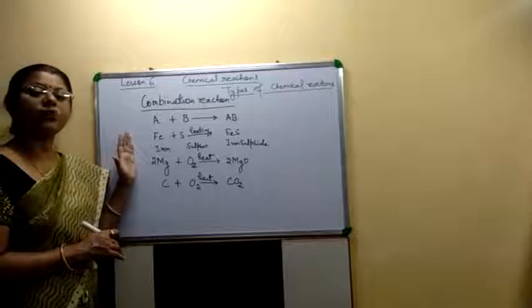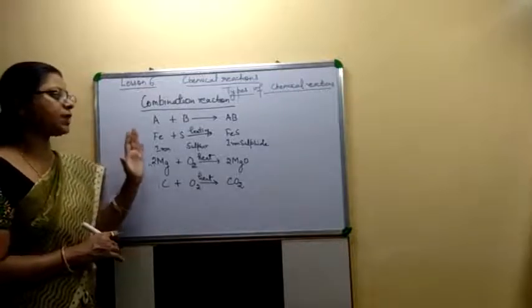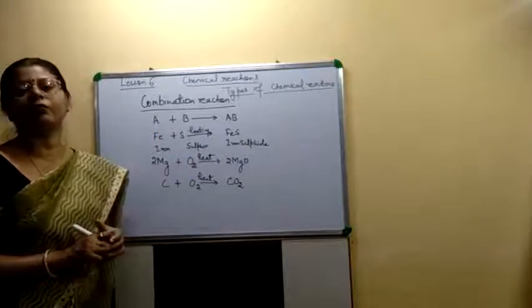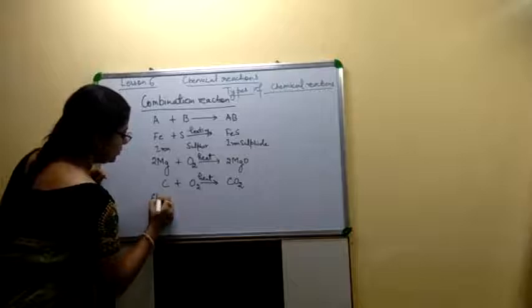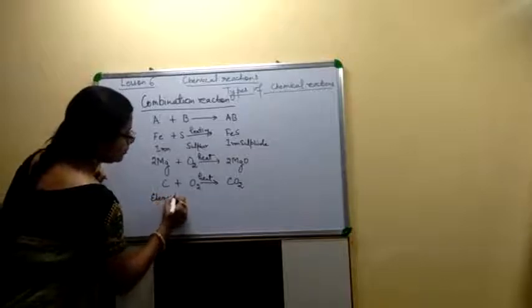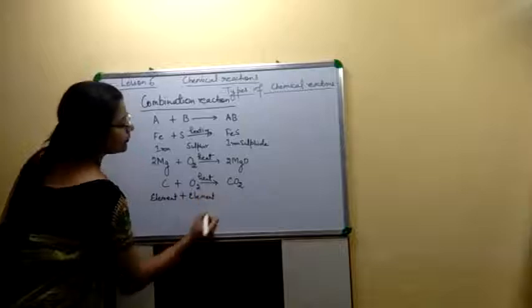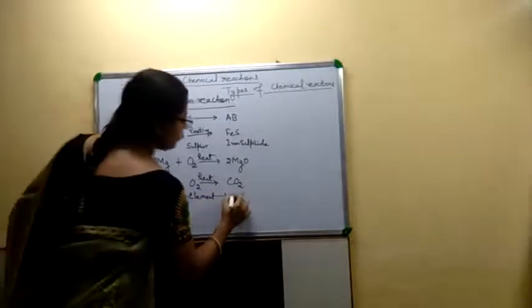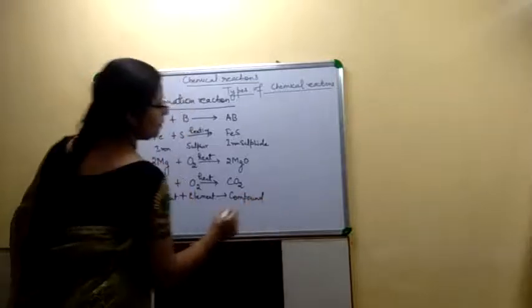Elements means made up of the same type of atoms. So molecules of elements are combining together to form a new compound. Element plus element combine together to form a compound.